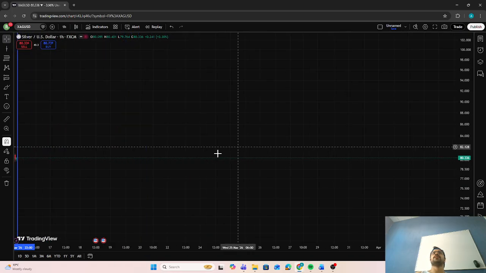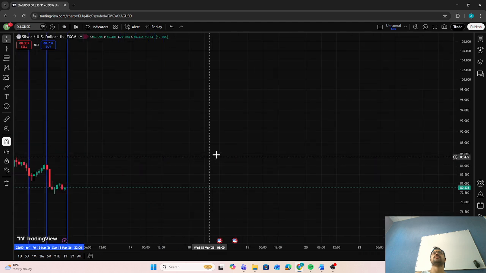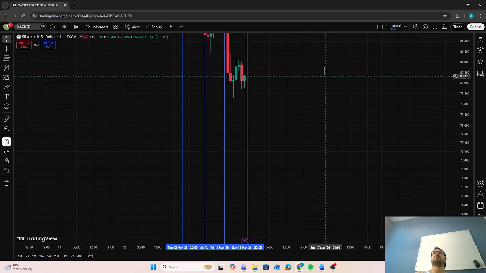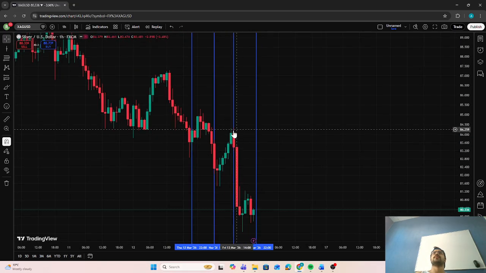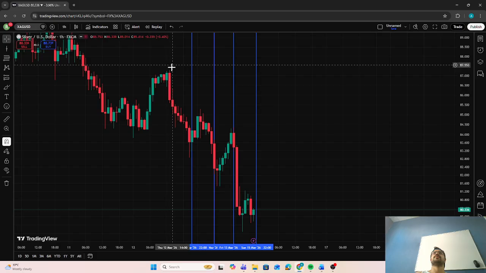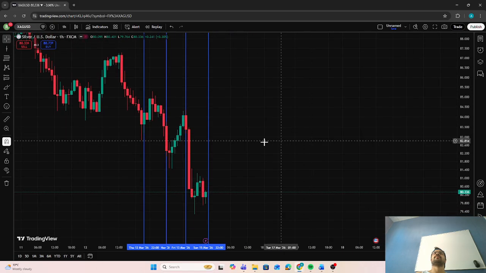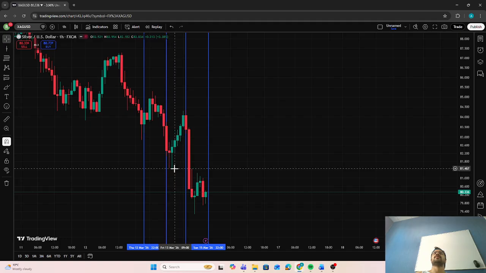Now for a stop loss, we need to see previous areas of liquidity. That's a liquidity sweep. That's a liquidity sweep downside. That's a liquidity sweep. Shows us the price is going to shoot up.